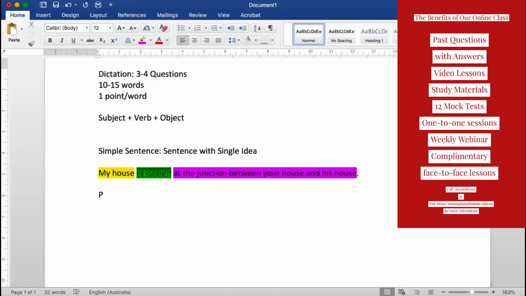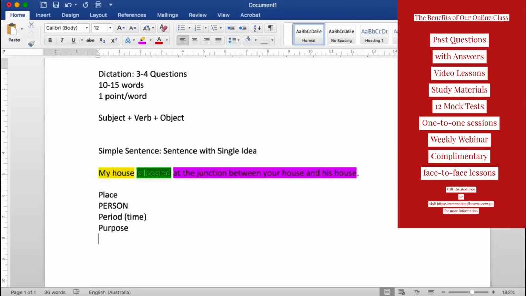5 different P's. I call them 5 different P's. They are either place, information about place, information about person, information about period, which is basically time, and purpose. Place, person, period, purpose, and I just forgot the 5th one.